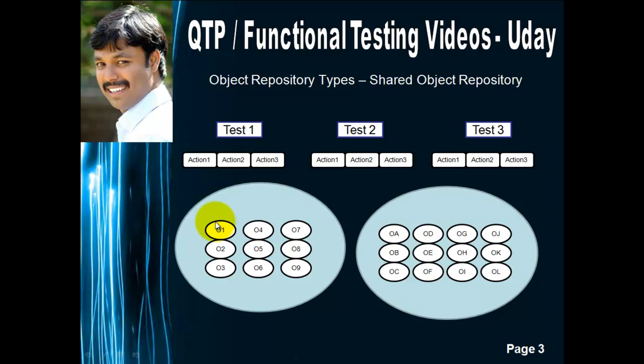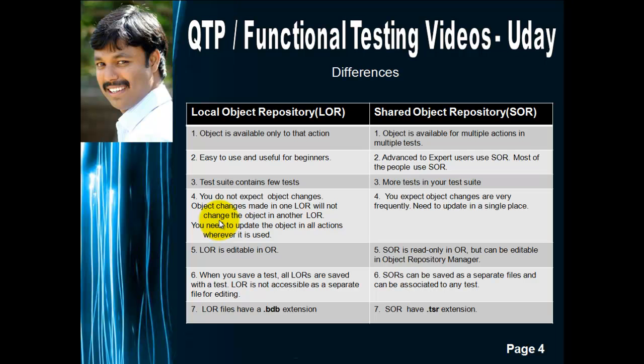Whereas if you are using a local object repository, you need to update in all the instances. What I am coming to here is, object changes made in one local object repository will not change the object in another local object repository, which I mentioned earlier. You need to update the object in all actions wherever it is used.